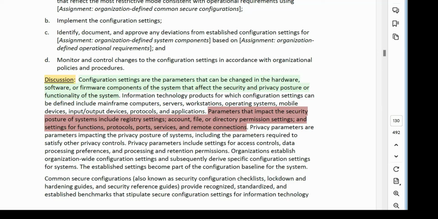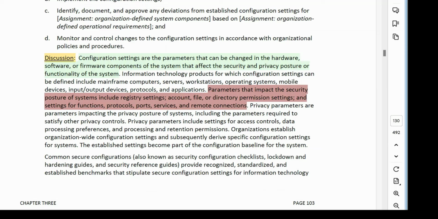Information technology products for which configuration settings can be defined include mainframe computers, servers, workstations, operating systems, mobile devices, input-output devices, protocols, and applications. Parameters that impact the security posture of systems include registry settings, account, file, or directory permission settings, and settings for functions, protocols, ports, services, and remote connections.